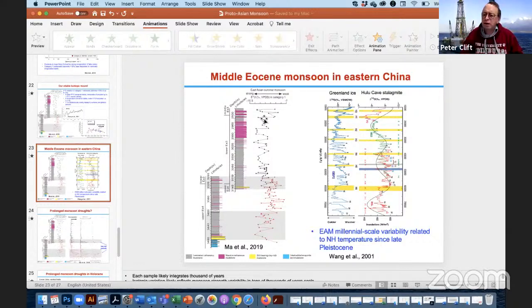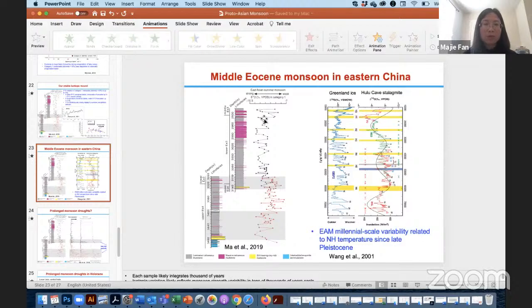Okay, so this relates to one of the other questions here. Someone is asking, do you have a precise chronological limitation? Well, we know we're looking at the Eocene, roughly 45 to 40 Ma.